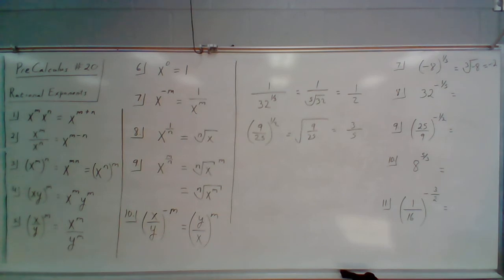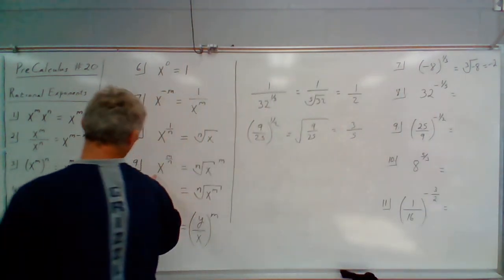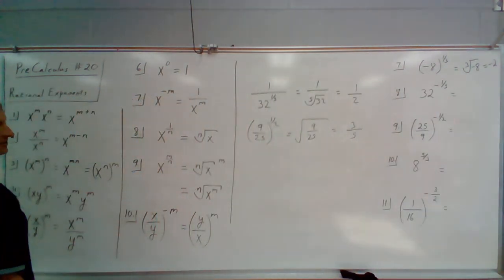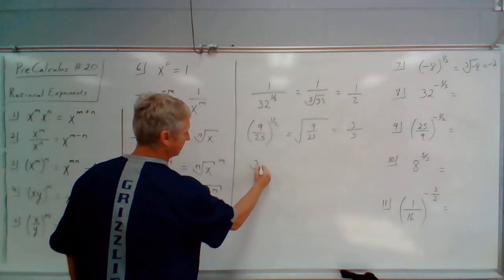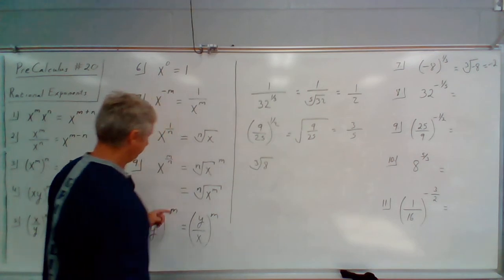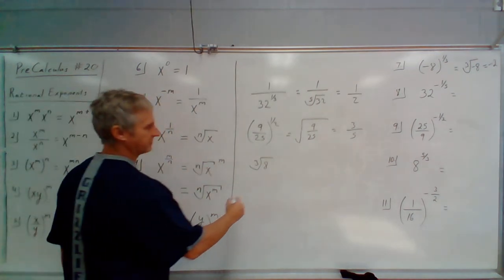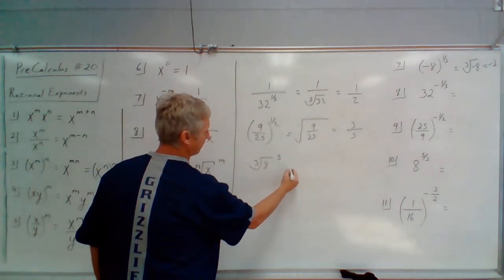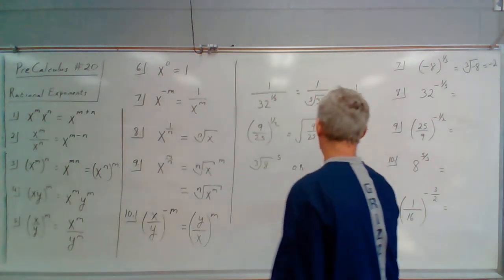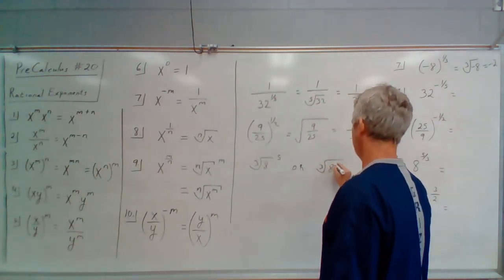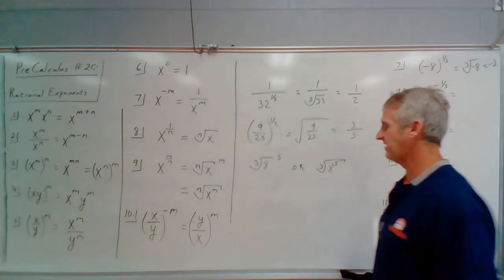All right, we have 8 to the 5/3 power. So this is a direct use of rule number 9. That would be the cube root of 8 to the 5th, or it could be the cube root of 8 to the 5th with the 5 on the inside.